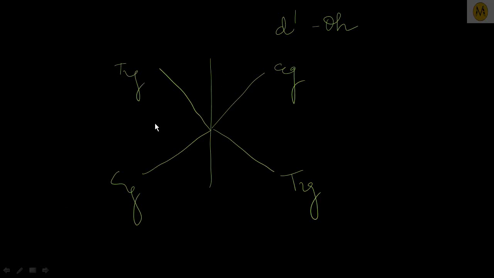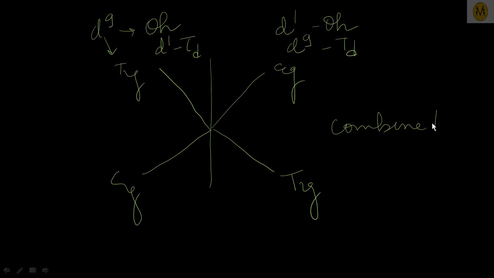Because d9 follows this pattern. d9 becomes octahedral like this, and the reverse is true for d9 tetrahedral, and d1 here becomes tetrahedral. So this is the combined Orgel diagram of d1 and d9.